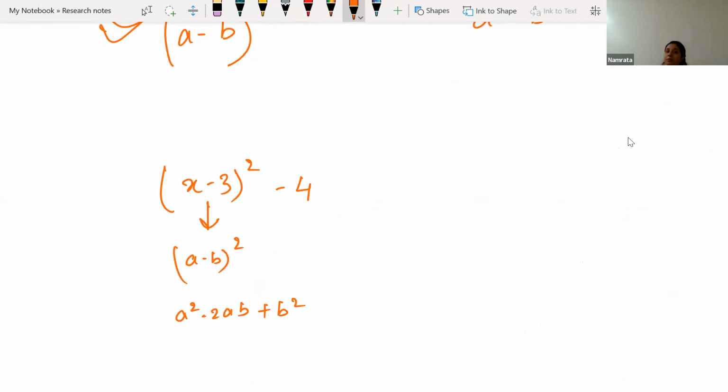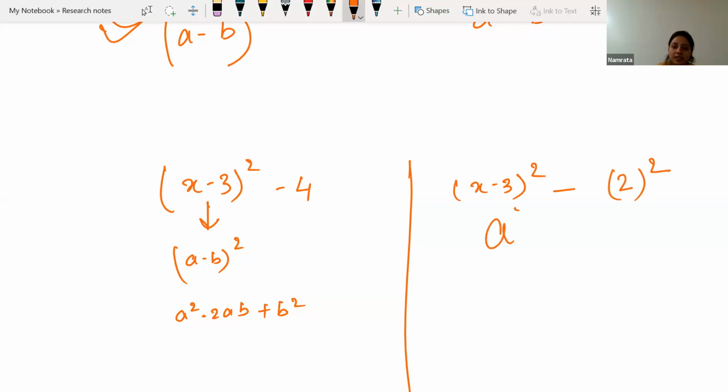Or the other possibility is we can write this 4 as 2 square, and take this complete as a square and this as b square. So there are two ways of solving it.